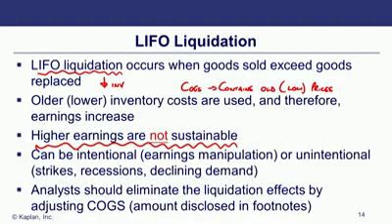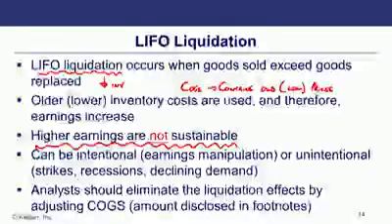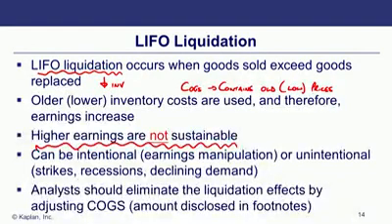Now, of course, it could be intentional, earnings manipulation, or it could be involuntary. Stock levels have had to decline because that's the only way that they could have met customer demand. Maybe strikes and recessions have reduced the amounts of goods they can produce, essentially. Okay. Fair enough.